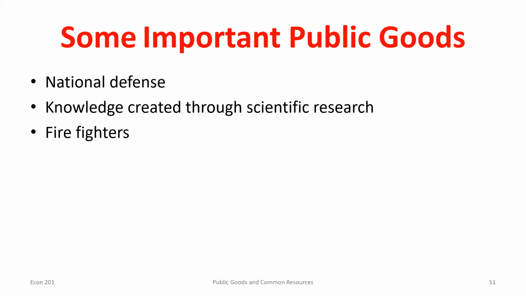So we can think of national defense, which I use a lot. Really, any type of firefighter or police department; those are public goods. But one public good that doesn't get mentioned a lot is scientific research. It is very difficult for any one person to fund some of the scientific research that gets done.